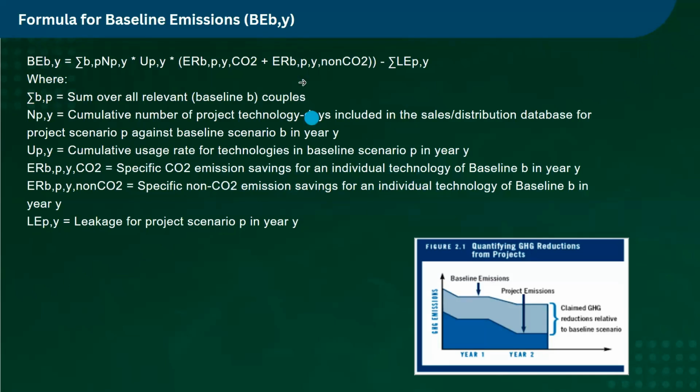And then you add them and multiply that with your cumulative usage rate, okay? And then you multiply this by the number of project days included in your project scenario, okay? And then you sum it over multiple cycles, okay? Then you subtract the leakage, and that would give you the baseline emission.